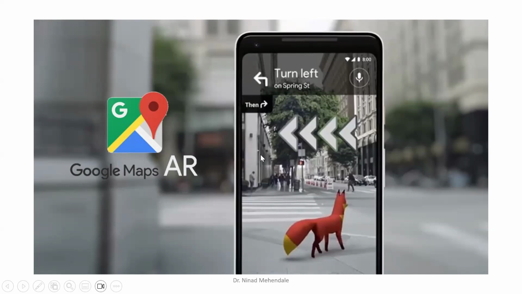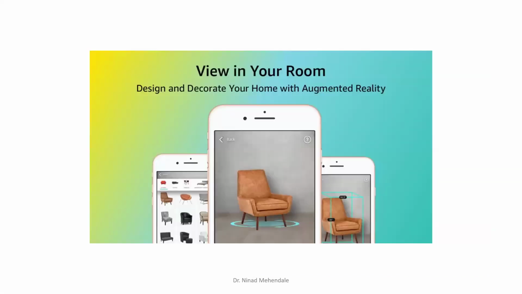So if you have Google Maps, just see Google Maps AR, where they're working on it, and it is very easy to get around the directions, but it works only outdoors. Indoor navigation is still not possible with Google Maps AR. It will be made possible soon, but it will take around 3 more years.